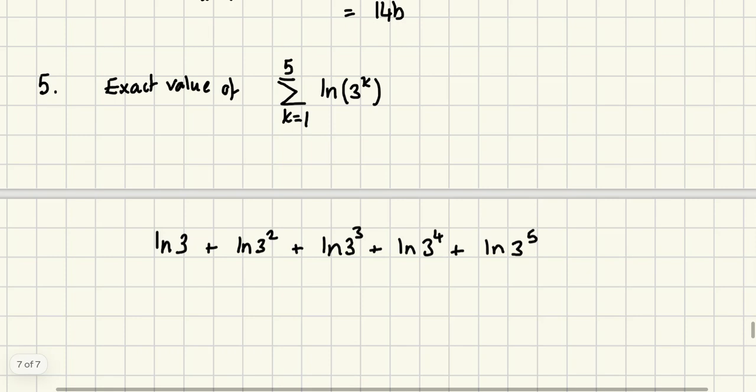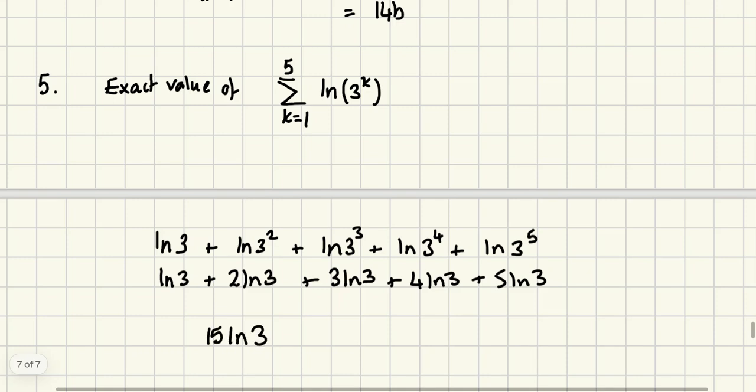I think a couple of you have already spotted: that's the natural log of 3 plus 2 lots of the natural log of 3 plus 3 lots of the natural log of 3. Which will be 1 plus 2 plus 3, so 6 times the natural log of 3. Wait, I added that up wrong.